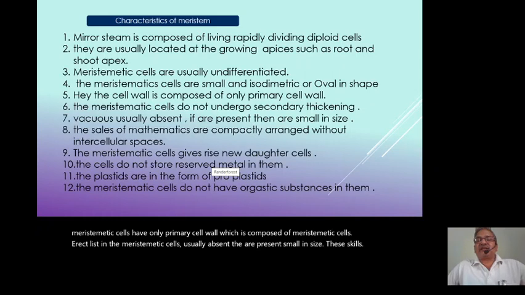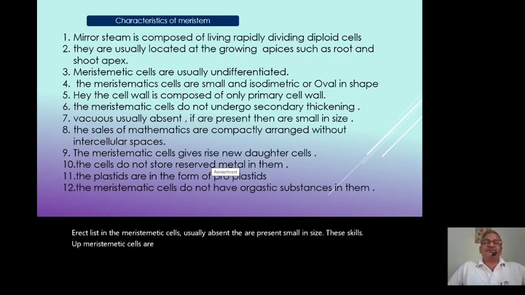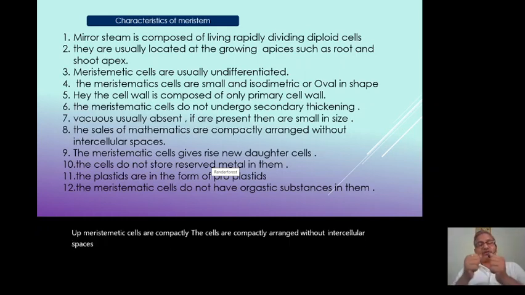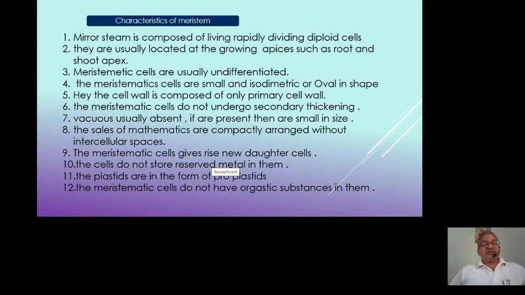The cells are compactly arranged without intercellular spaces, so there is no space between the cells. The meristematic cells give rise to new daughter cells after mitotic division. They do not store reserve food material.